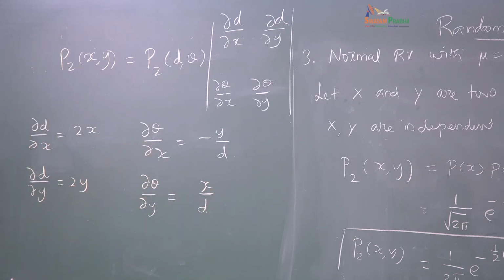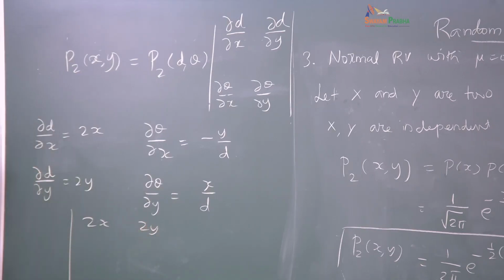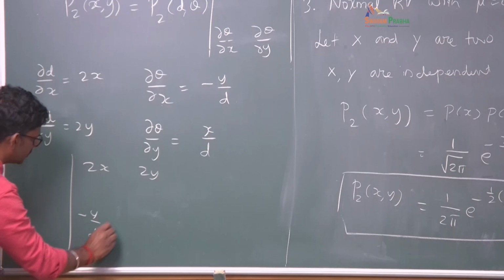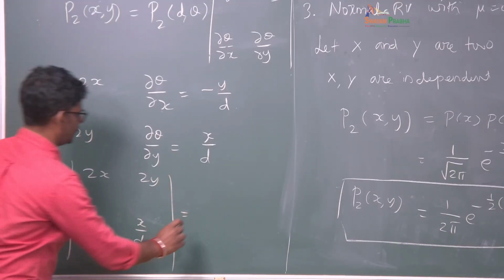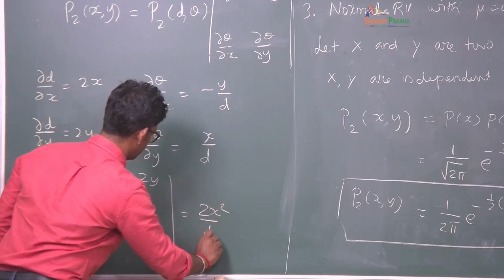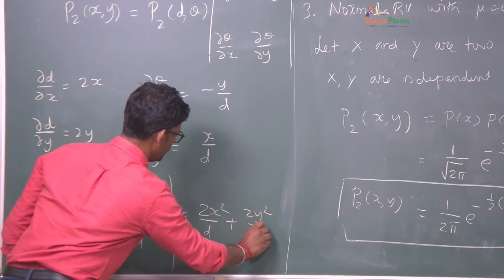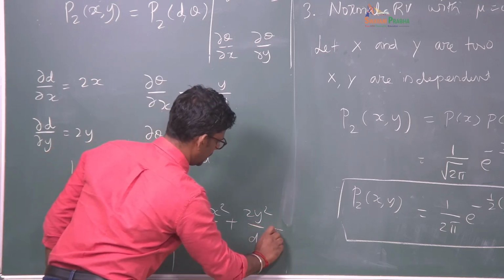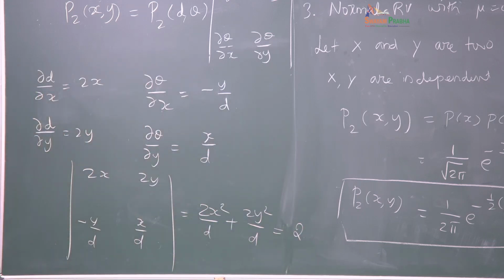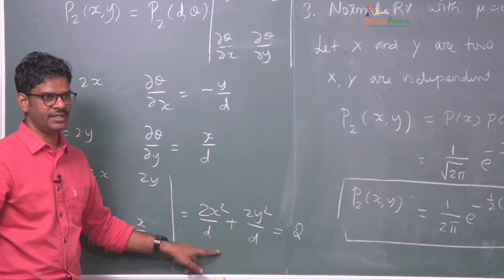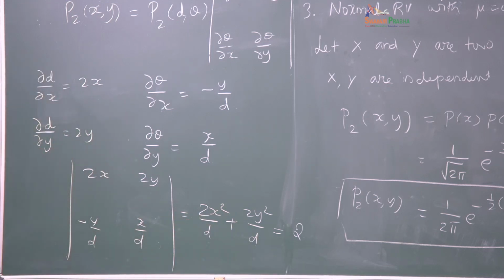Okay, this is something you can verify later. So if I substitute in this Jacobian, what I have is 2x, 2y, minus y by d and x by d. So we get 2x square by d plus 2y square by d, and this is nothing but just 2. Because x square plus y square is d, you basically get a factor of 2.